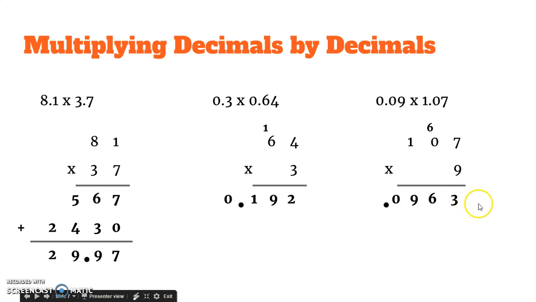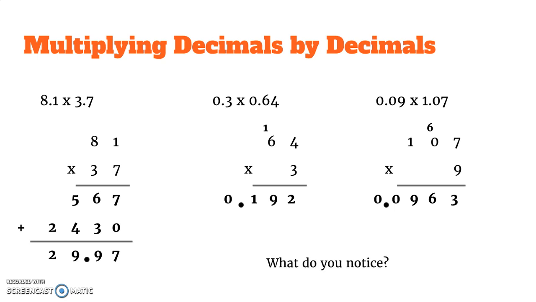If I had put my 0 on the end behind the 3, that 0 doesn't hold any value, and therefore it would not be correct because I could remove it without changing the value of the answer. Again, if you're not comfortable with the decimal point being in the front, you can always put a 0 in front of it. So now I've got 963 10,000ths.